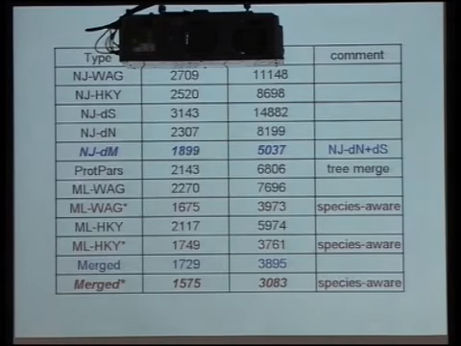And the colored ones, the blue or red, are the trees derived from my program. And this one is the default one used in my program. It is resulting in about 1,500 duplication and 30,000 losses, much smaller than the black numbers.